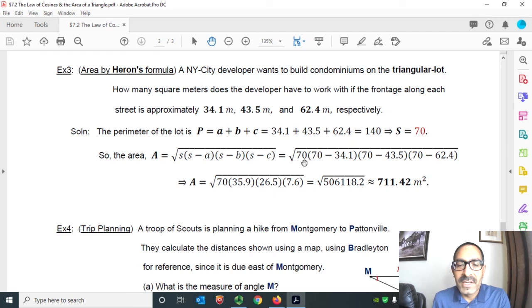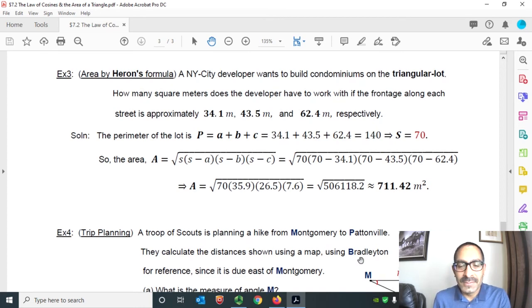S is 70, A is 34.1, B is 43.5, C is 62.4. Then subtract, multiply, take the radical. It turns out that the area is approximately 711.42 square meters. I hope this computation makes sense to you all.